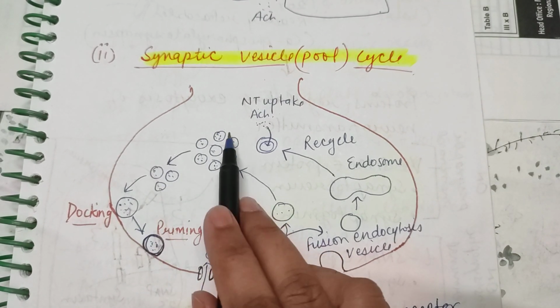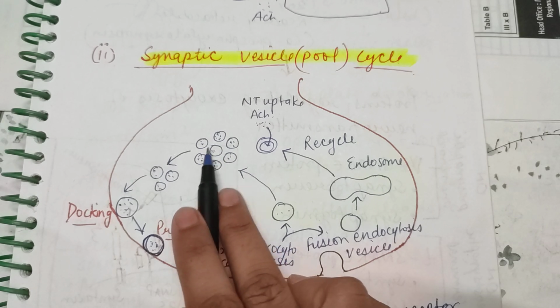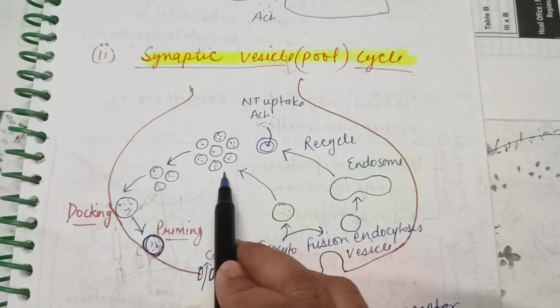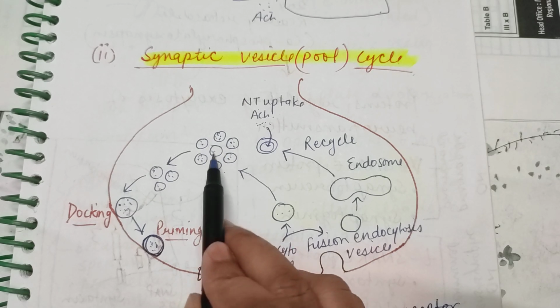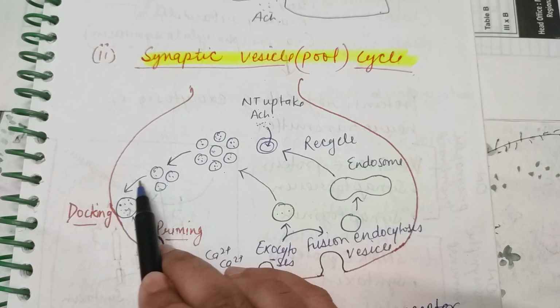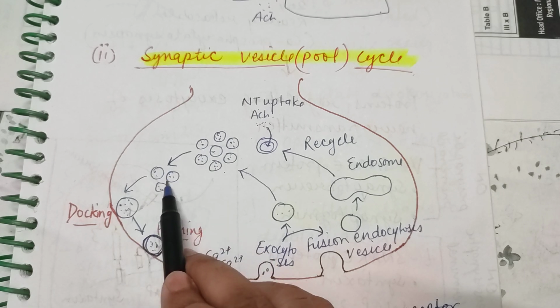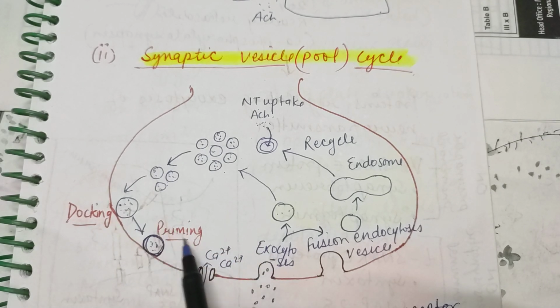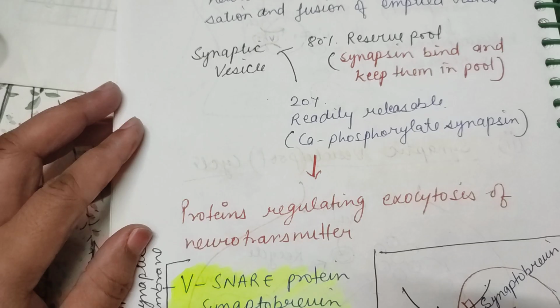These are bound pools, bound with the help of some proteins. Some vesicles need calcium to release neurotransmitter, and others are free vesicles which can come in contact with the membrane and repeat the cycle.